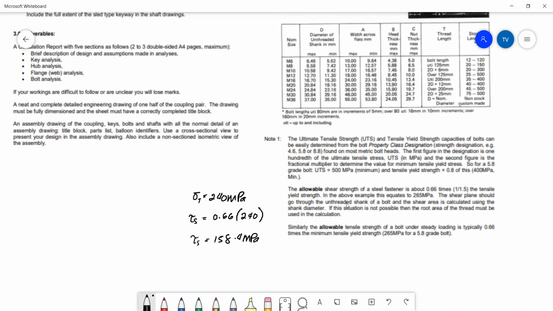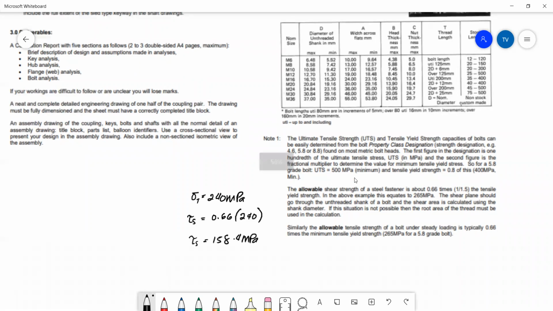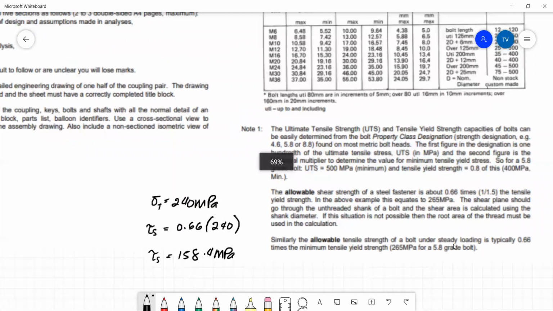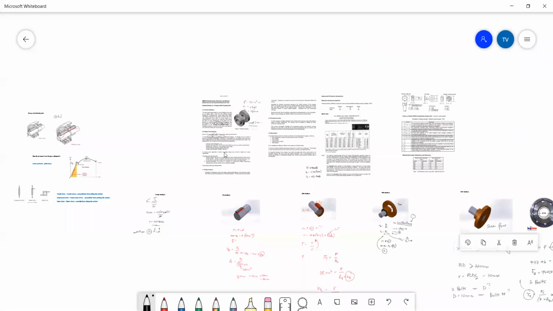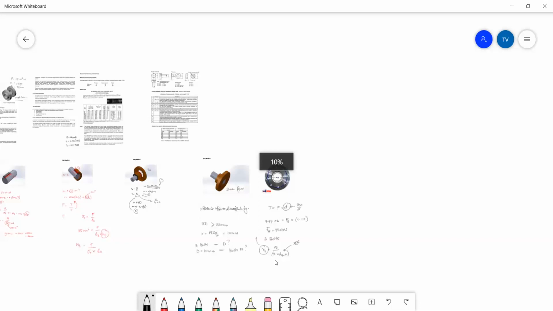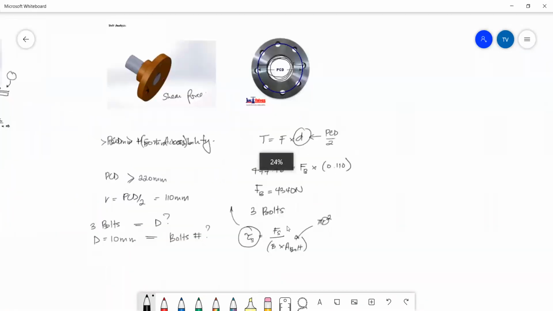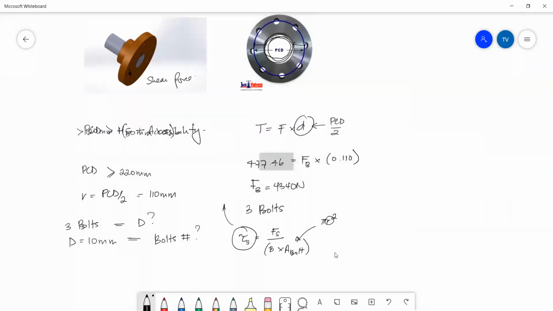This is the value that you will use in your calculations down here.